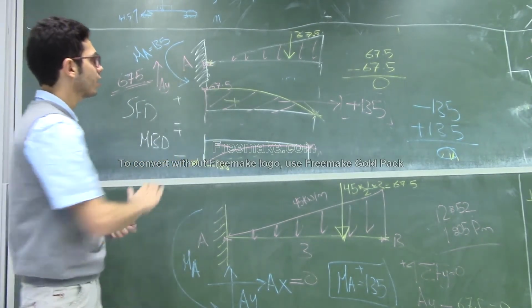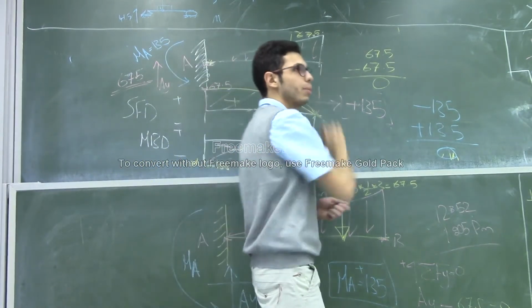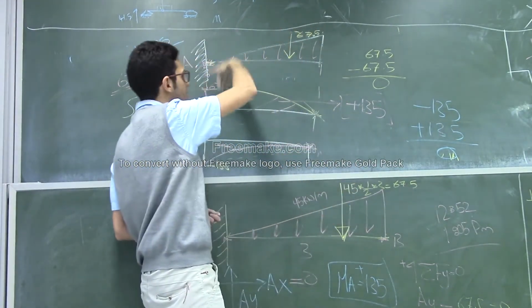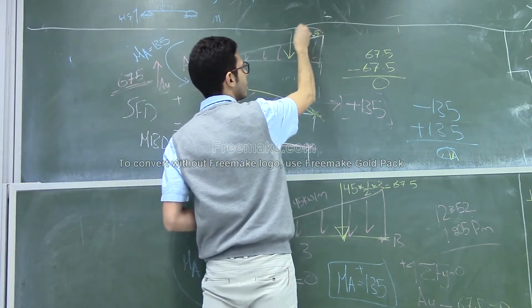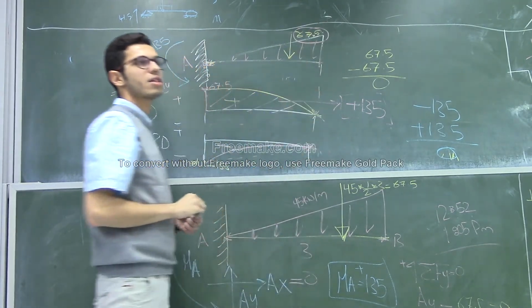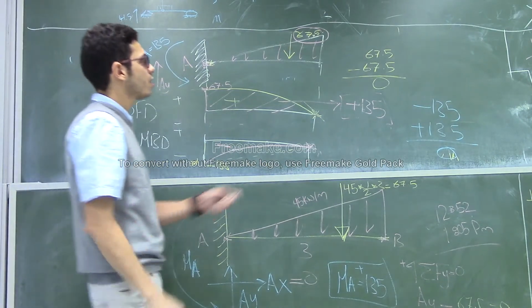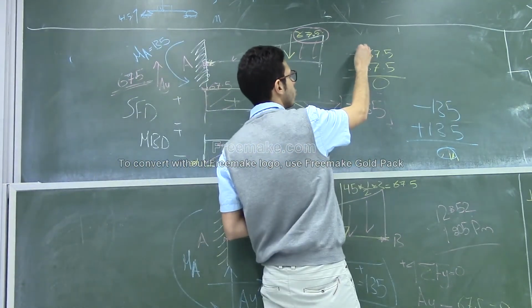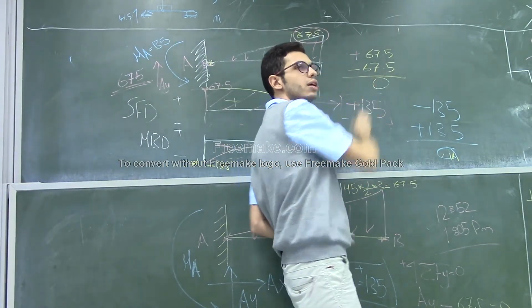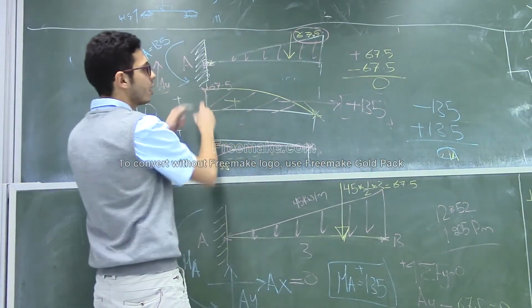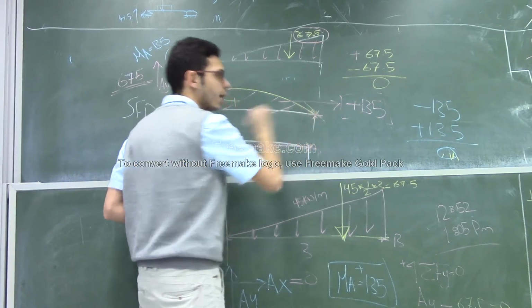After that, from point A to the end of the beam, there is a distributed load. This distributed load has an effect equal to 67.5. So, 67.5 minus 67.5, the result should be 0. So, on the shear diagram, I will end here at 0.